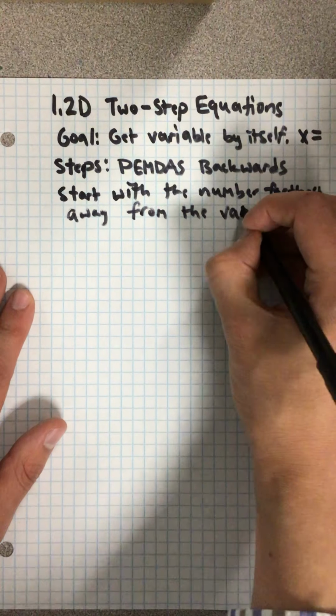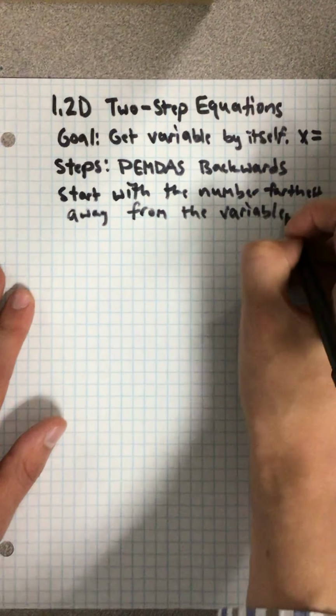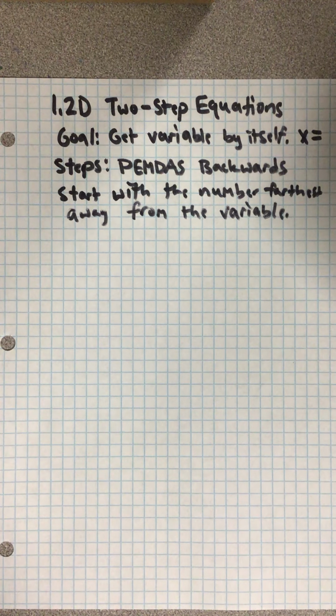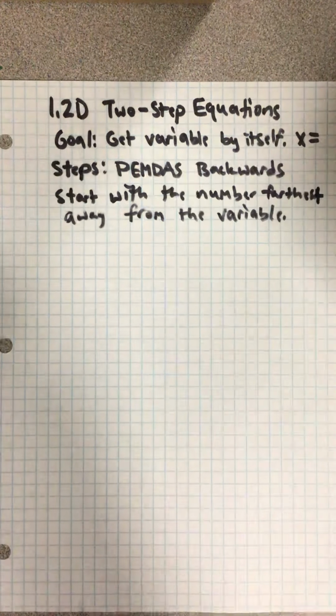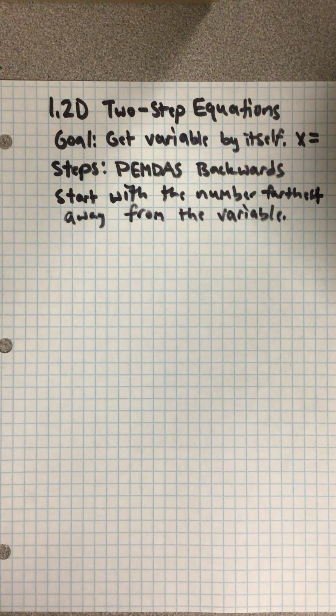And I'm in desperate need of a new pen, so give me a moment while I swap them out. So we generally want to start with whatever is farthest away from our variable. And whatever's farthest away is typically being added or subtracted to the variable term rather than what is being multiplied or divided by it. So let's look at a handful of examples.